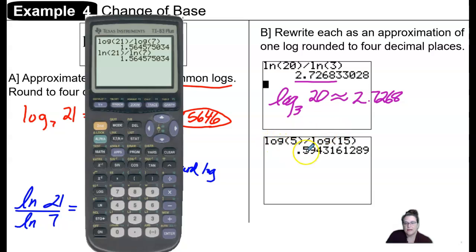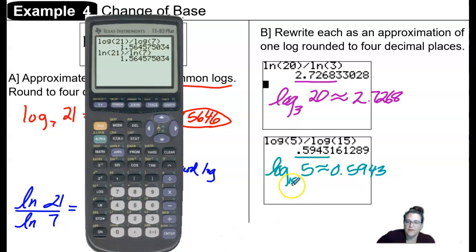Then in the next one, we have the common log of 5 divided by the common log of 15. So we can condense that using the change of base property as the log base 15, because the 15 is the argument in the denominator, of 5, that's our argument from the numerator, is approximately equal to, and then we'll round this to 4 decimal places to get 0.5943.